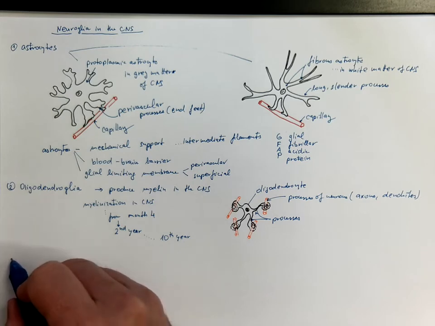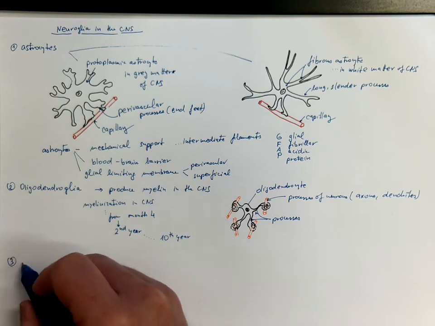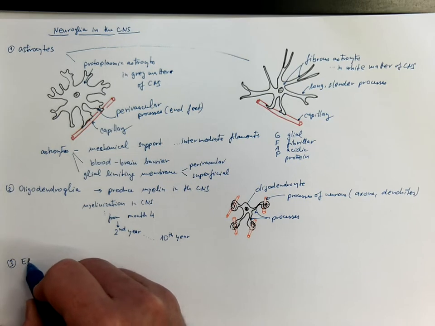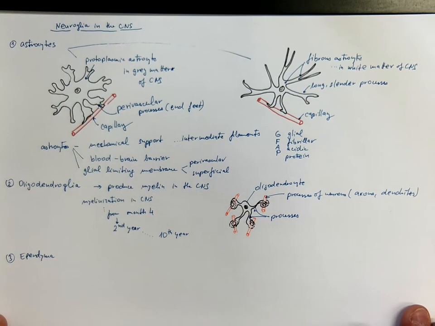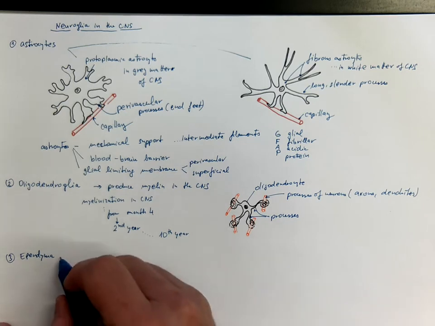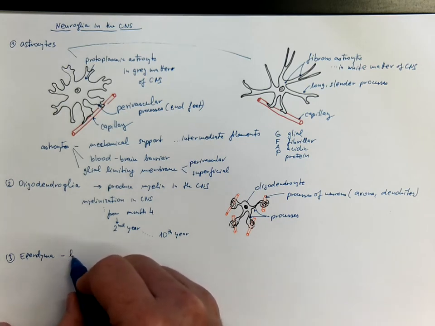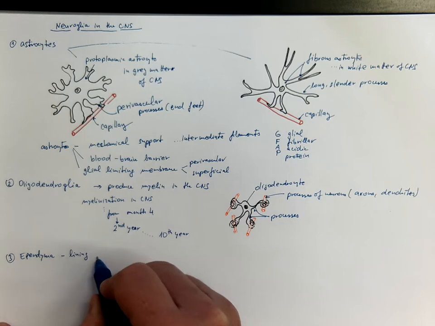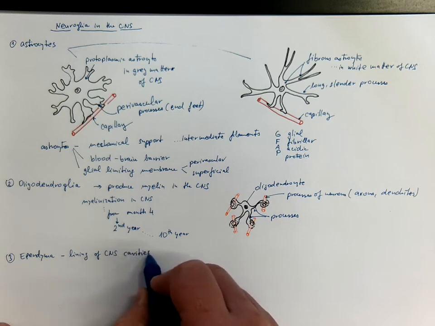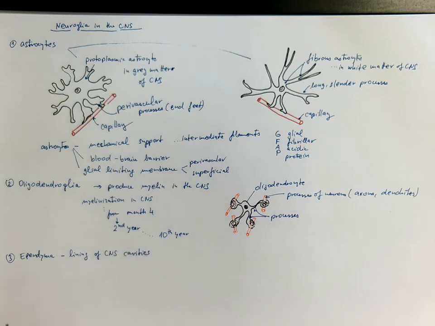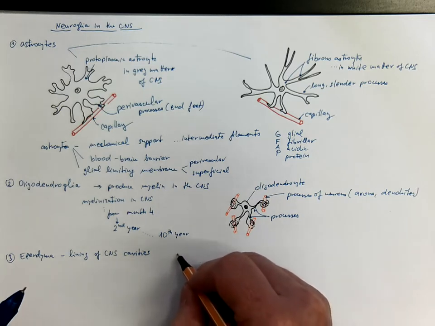The third type would be ependyma cells. Ependyma cells are lining the CNS cavities. They have cell junctions in between.